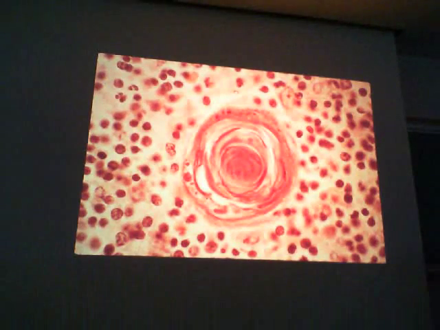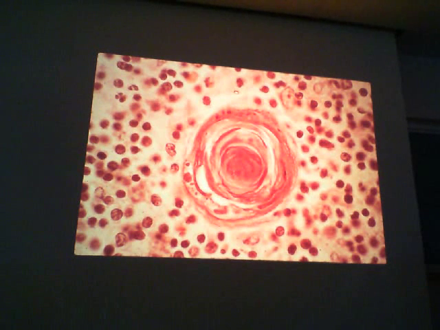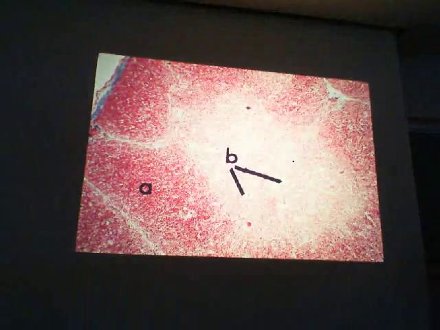What is this structure right there? Hassel's corpuscle. This, I would not show it at this high magnification. This previous slide was supposed to show Hassel's corpuscle, but it's kind of washed out. So there's Hassel's corpuscle.